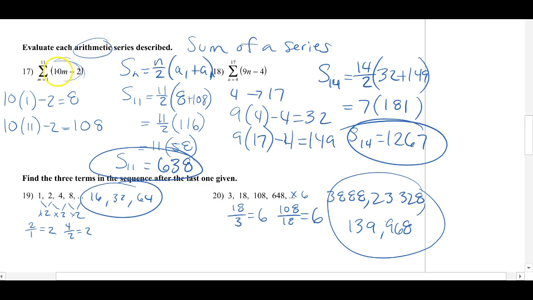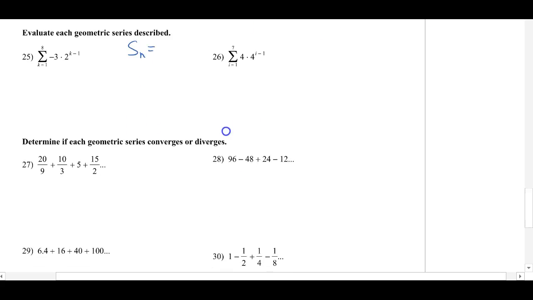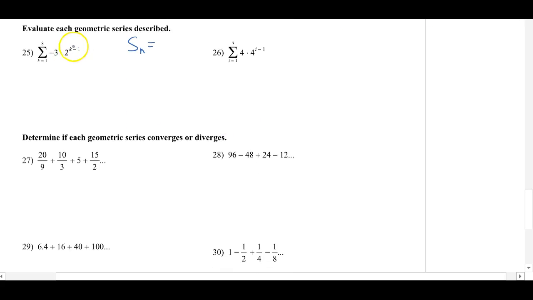You can tell it's arithmetic because it's just some number times a letter. And then here you'll see a variable in the exponent, so you know it's geometric. That one is a1 times 1 minus r to the n over 1 minus r.